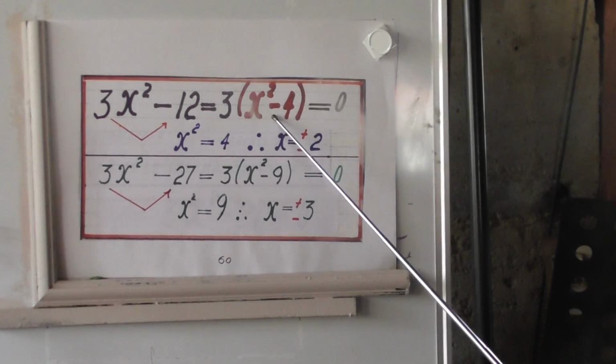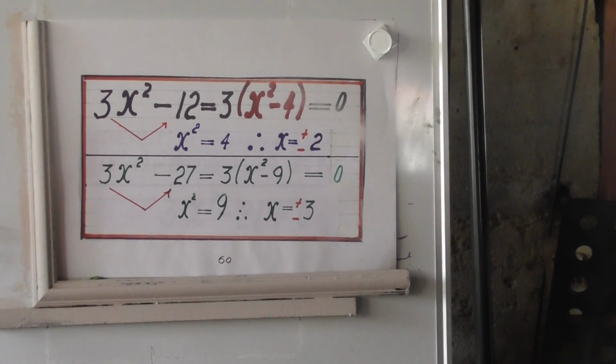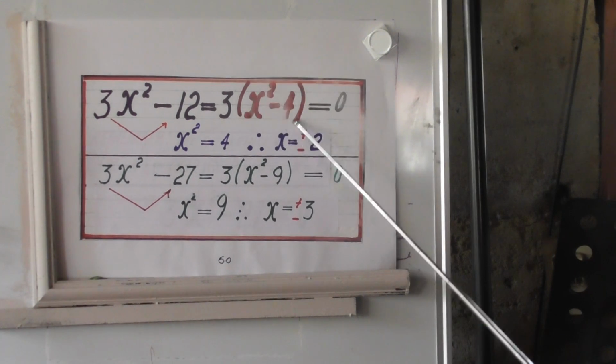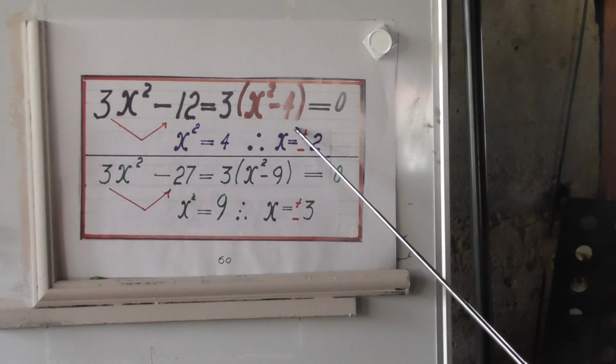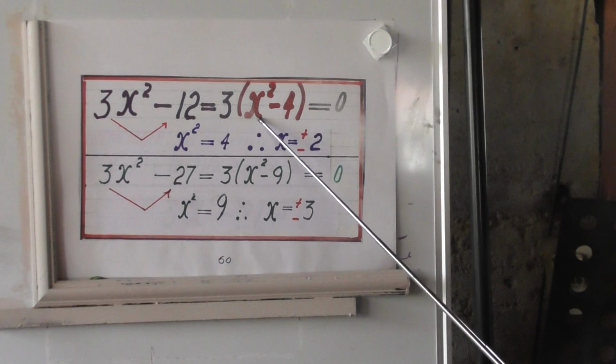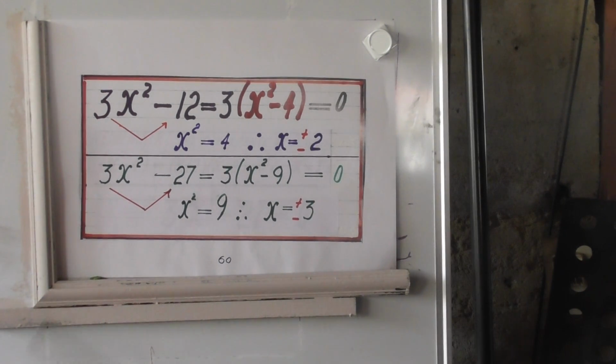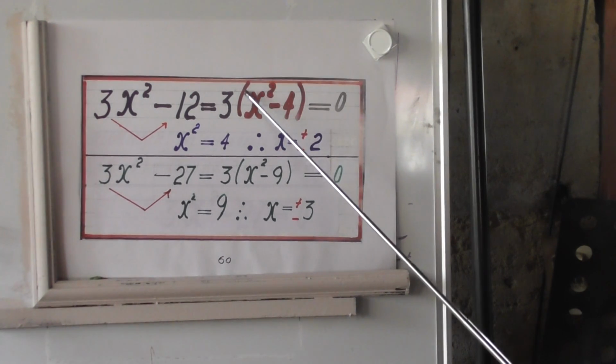Because 3 times negative 4 is negative 12. Now 3 cannot be naught. So x squared, if x squared is 4, then this also becomes naught.